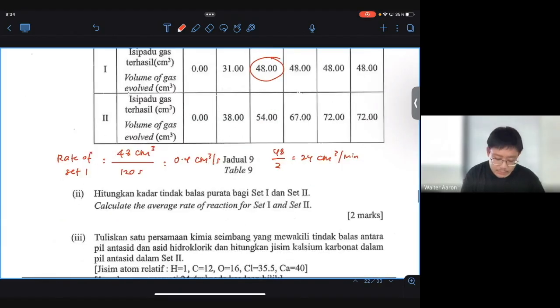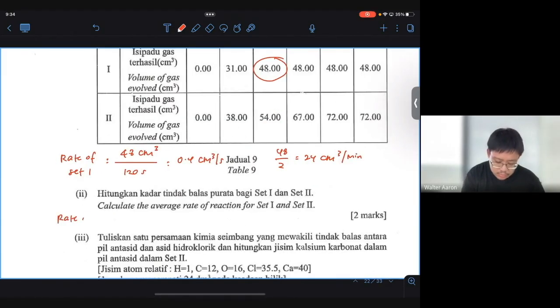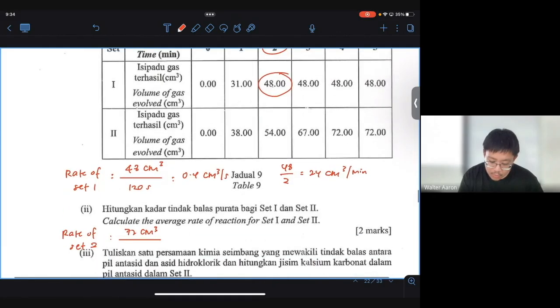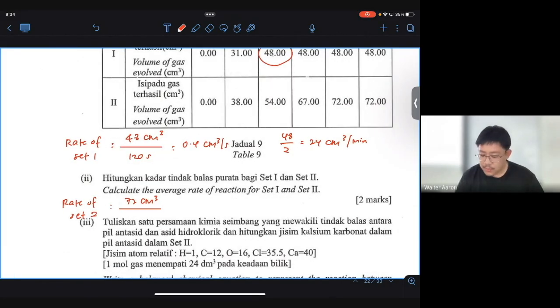And then for set number 2, if you want to convert it, also can. So that'll be 72 cm cubed divided by a total time of 4 minutes. So 4 minutes, 60 seconds, so 240.